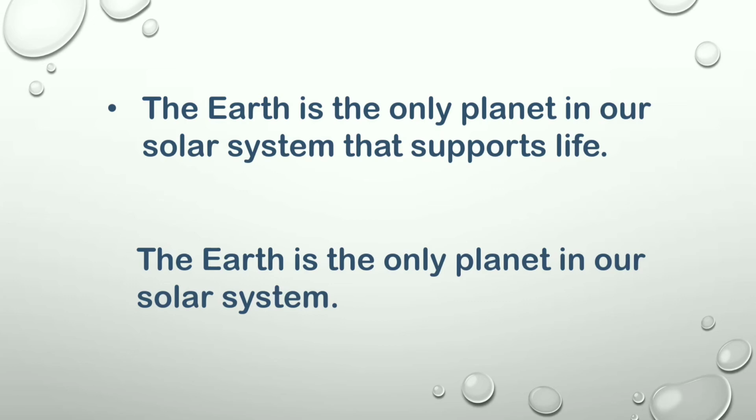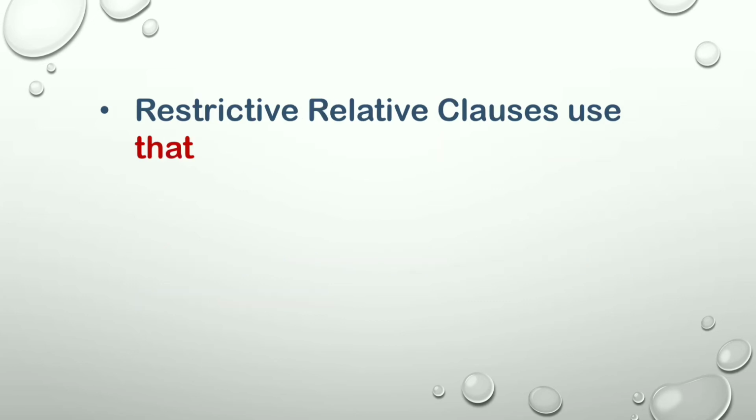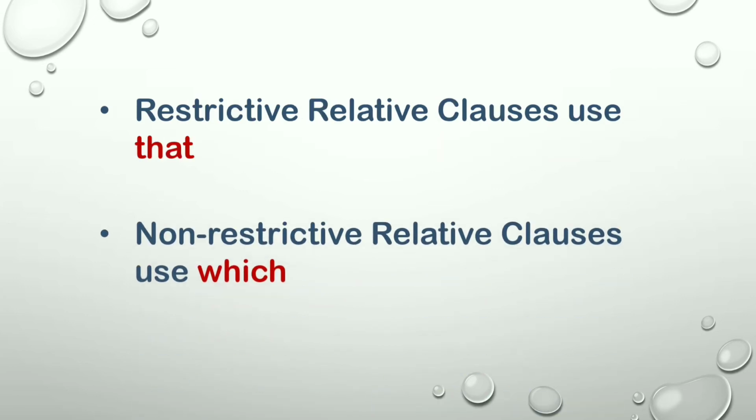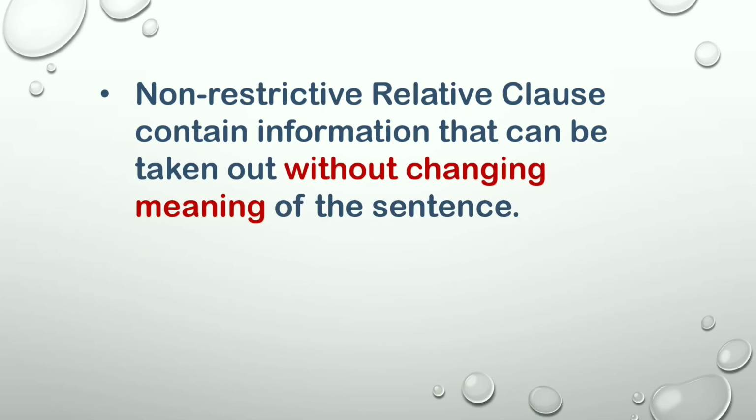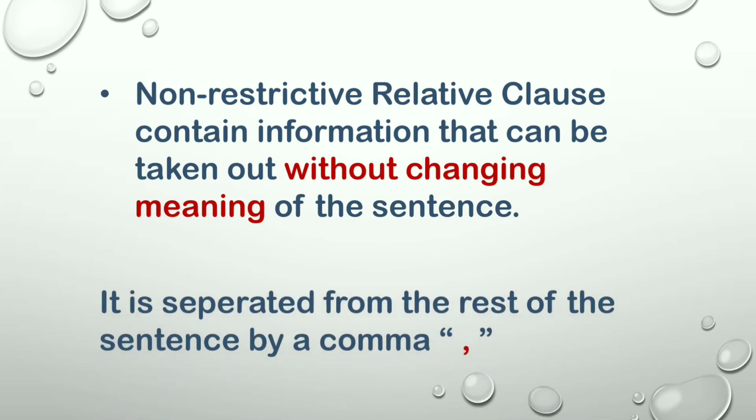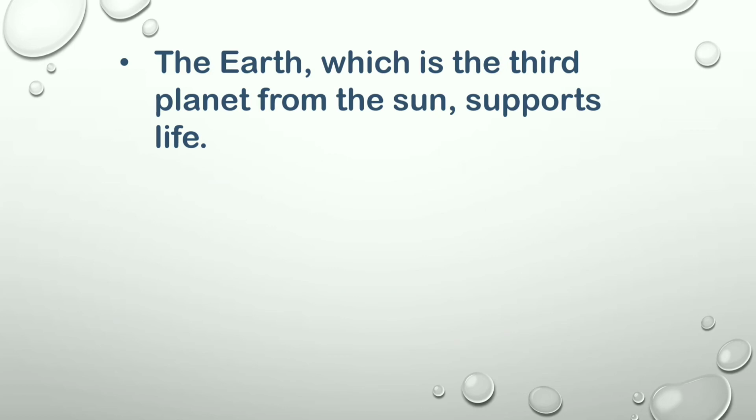The rule is: restrictive relative clauses use that and non-restrictive relative clauses use which. A non-restrictive relative clause contains information that can be taken out without changing the meaning of the sentence, or we can say it is separated from the rest of the sentence by a comma. For example, the Earth, which is the third planet from the sun, supports life.